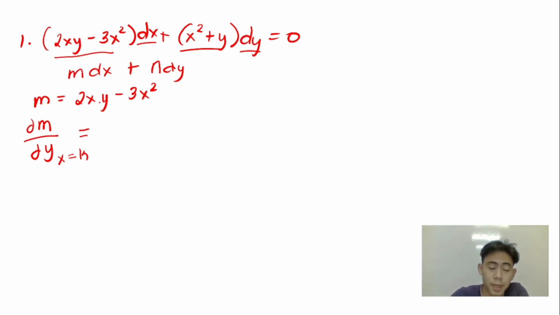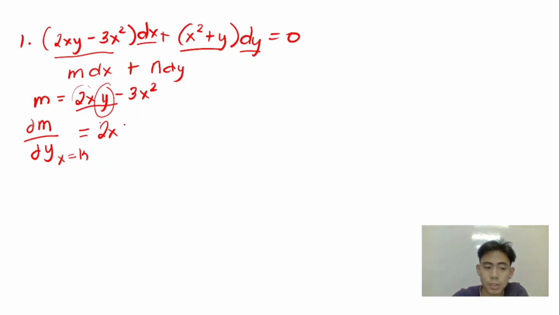So, since naka-multiply siya kay y, for example, this one, 2xy, ang derivative ng 2xy is 2x, because the derivative of y is 1. And at the same time, ang derivative ni 2x, since constant siya, is 2x pa rin, kasi naka-multiply nga siya sa variable natin. Okay? So, 2x minus 3x squared.